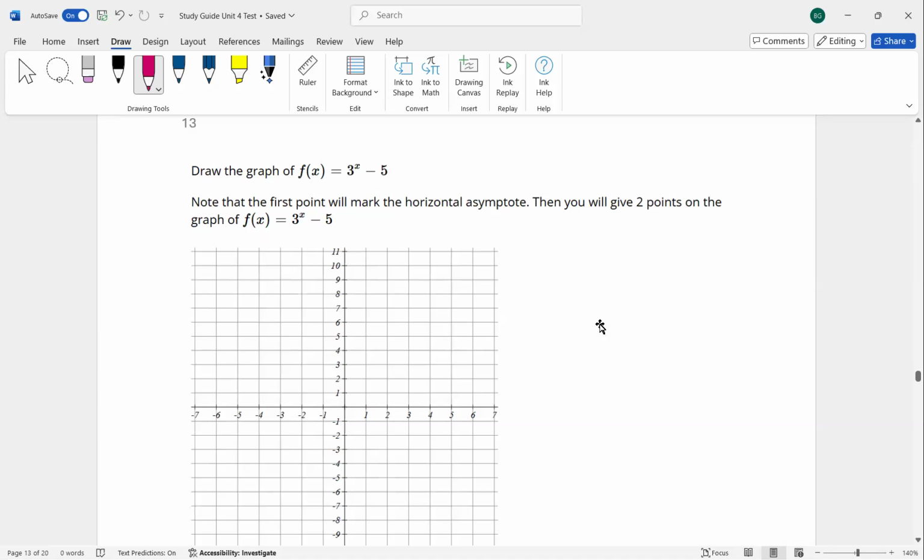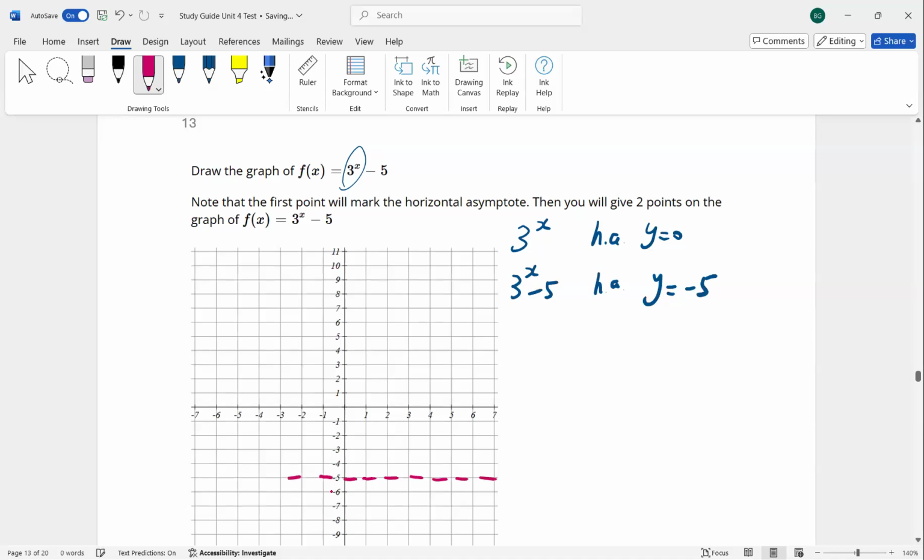So firstly, we need to find the asymptote. We know this mother function 3 to the power of x has a horizontal asymptote y equals 0. But now our f of x is 3 to the power of x minus 5, so you're going to go down 5 units. So the horizontal asymptote is going to be y equals -5. So y equals -5 is here.